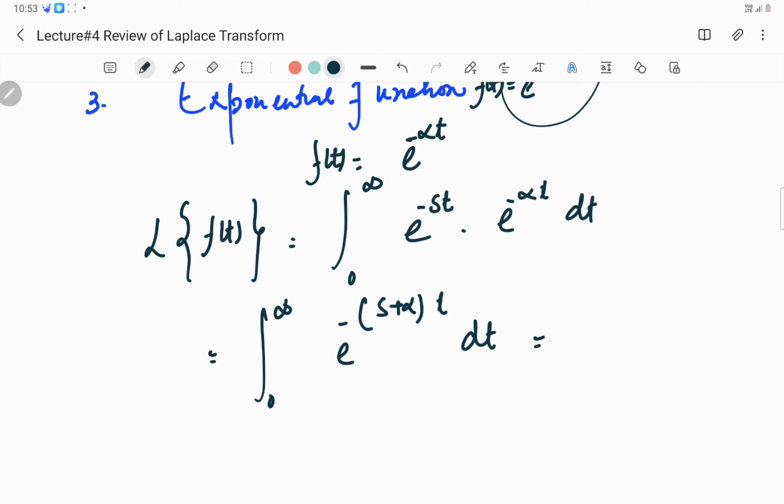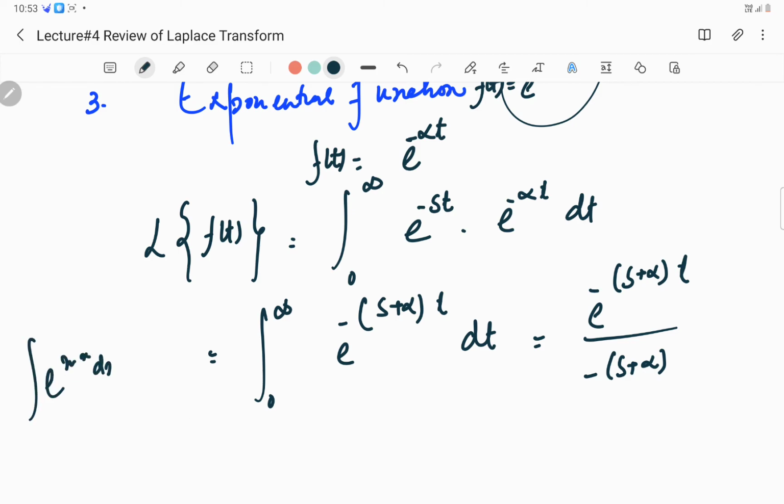So we can write it as e to the power minus (s plus alpha) t over minus (s plus alpha), because integration of e to the power mx dx is nothing but e to the power mx by m, plus some constant of integration. The limits here are 0 to infinity.